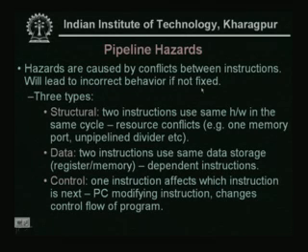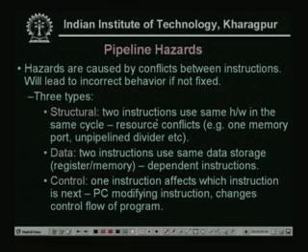So, normally there are 3 types of hazards: structural hazard, data hazard and control hazard. Now, what do we mean by structural hazards? Two instructions use the same hardware in the same cycle. This is called a resource conflict, say one memory port or an unpipelined divider, etc. Say one operation unit, one multiplier or one divider, is there.